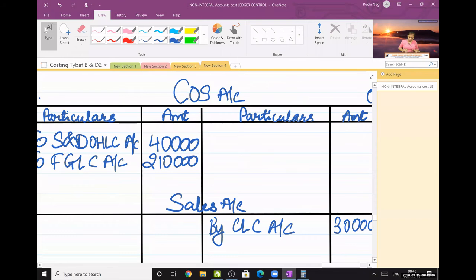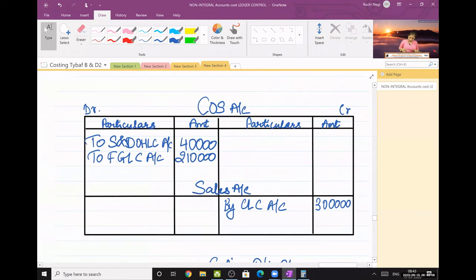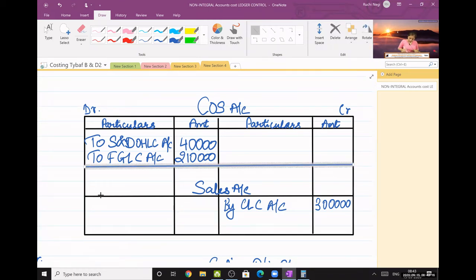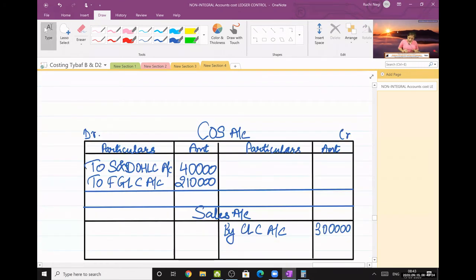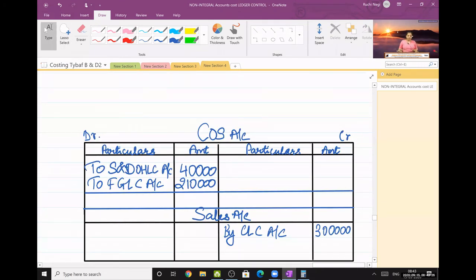Now coming on to COS. And let's close COS account. How much? 2 lakh 10 plus 40 is 2 lakh 50. So just write it down here.